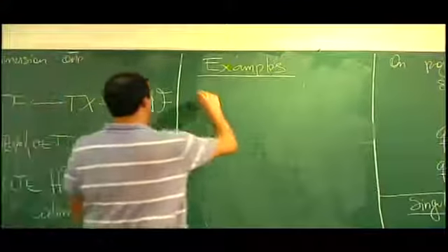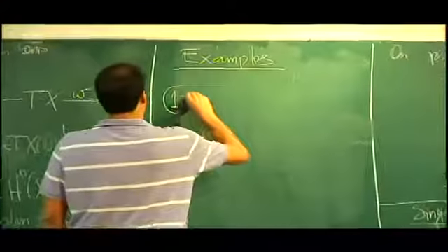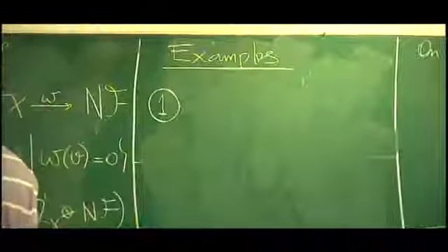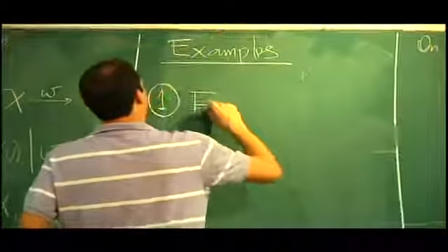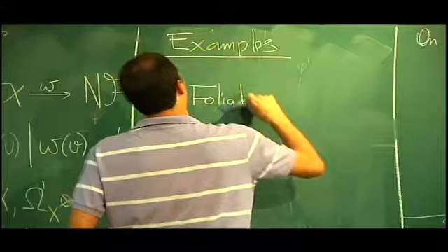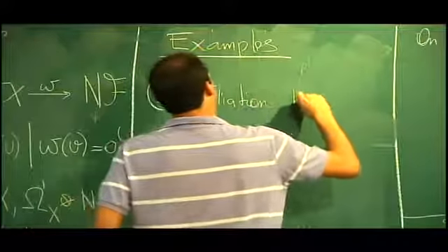So perhaps the simplest examples are foliations by algebraic leaves.